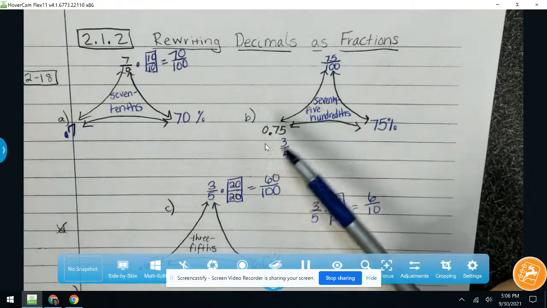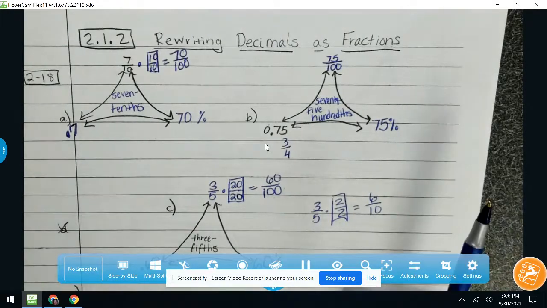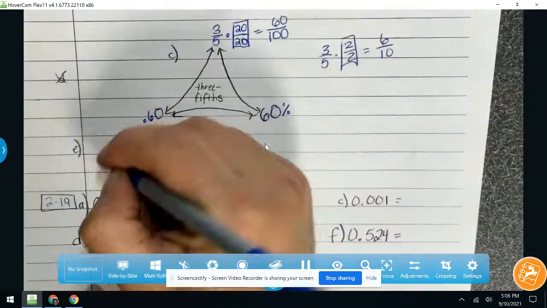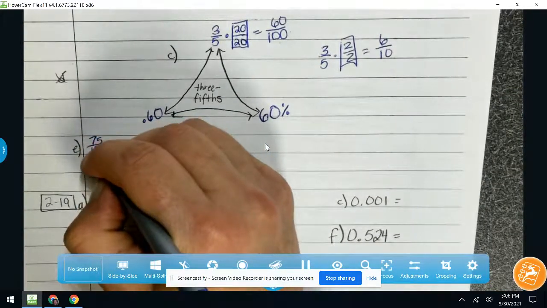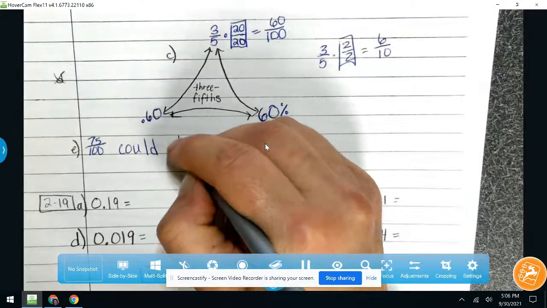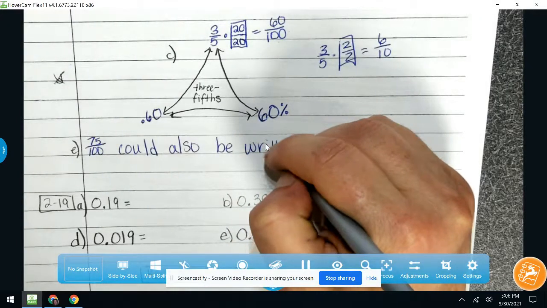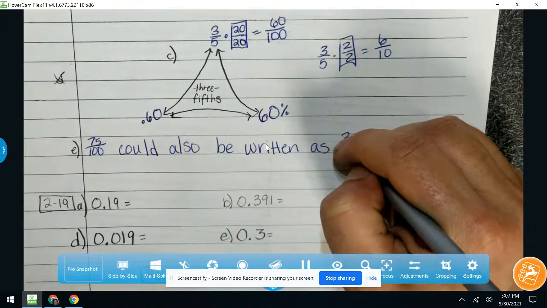Some students I saw in their paper today had that on there. So we're going to write down here in Echo, right here, 75 hundredths could also be written as 3/4.